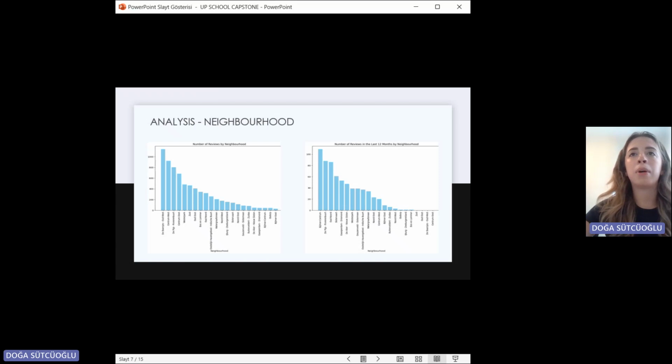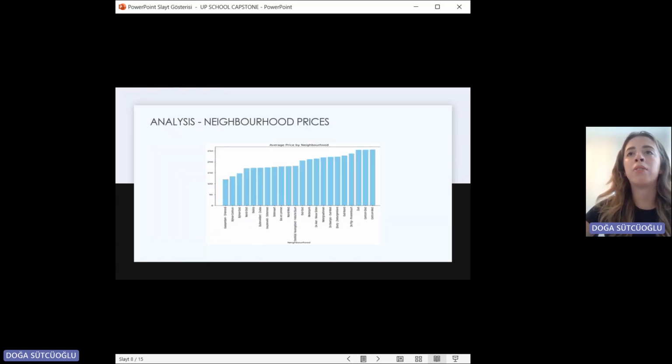The first analysis is about neighborhood groups. The graph on the left shows overall number of reviews by neighborhood, and the graph on the right shows the number of reviews in the last 12 months by neighborhood. And it is seen clearly that there are major changes in the two graphs. To understand the reason behind this, I did another analysis by finding the average neighborhood prices.